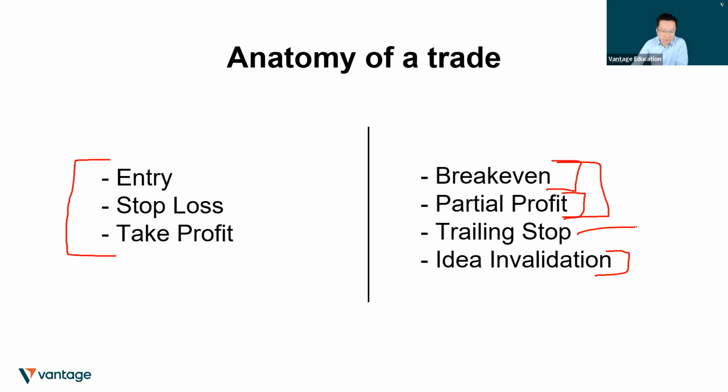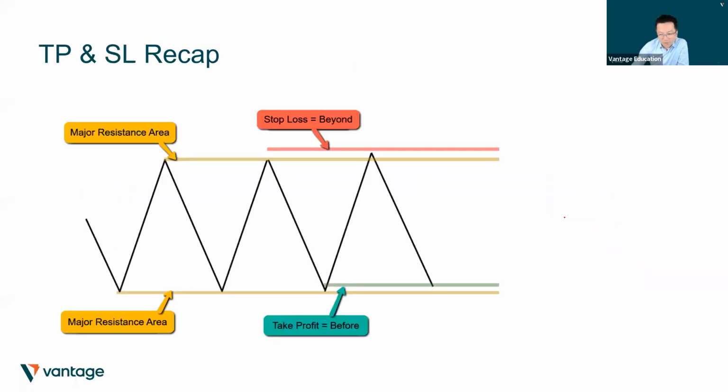The main thing to pay attention to before you get into any trade, and I like to constantly remind everyone about, is a quick recap on applying the take profit and stop loss levels. Always remember, stop loss is beyond, take profit is before.